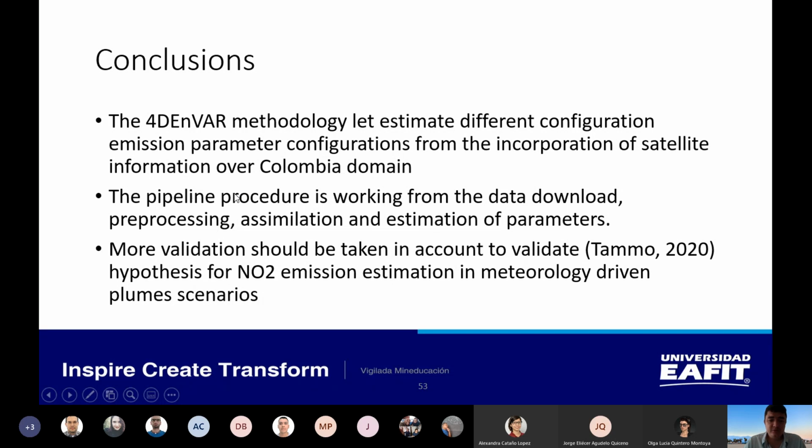The technical pipeline is working, and the current work is more validation, to validate very recent hypotheses of estimation parameters, for example TAMO 2020, in which the methodology is driving the plume in scenarios.